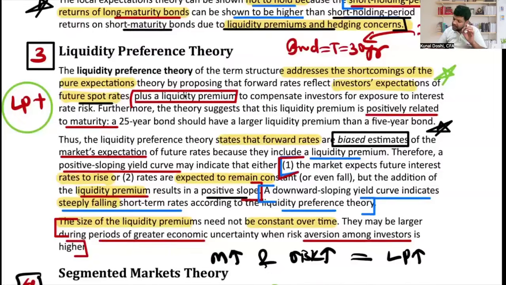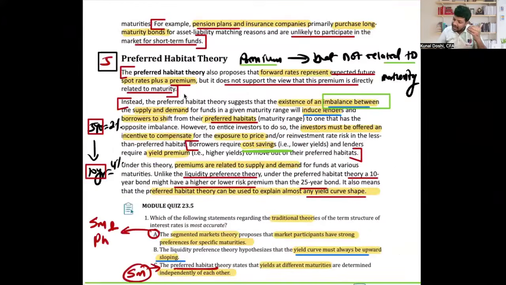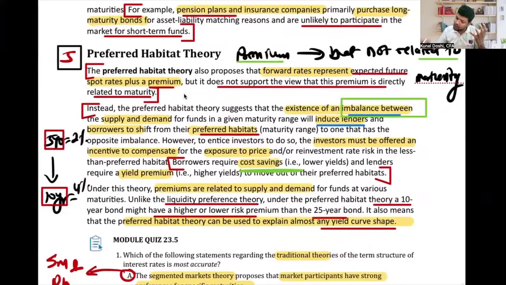Now, very minor difference between this and the preferred habitat. Preferred habitat also says the same thing, that the yield curves are dependent on the habitat of the buyers and the sellers. But there is one difference.